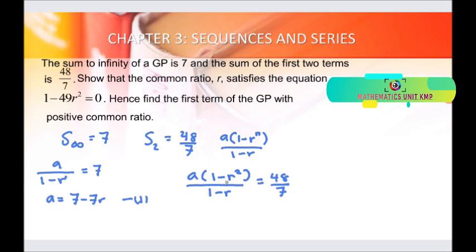Next, we can factorize 1 minus R squared. We will get 1 minus R multiply 1 plus R over 1 minus R equal to 48 over 7. And we can cancel 1 minus R here, and left A multiplied with 1 plus R equal to 48 over 7. So this will be the second equation.